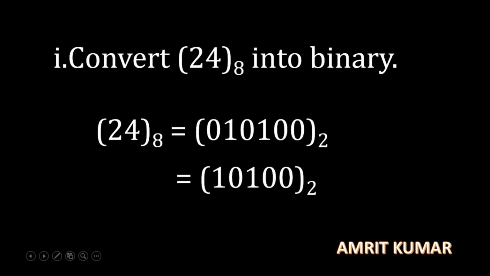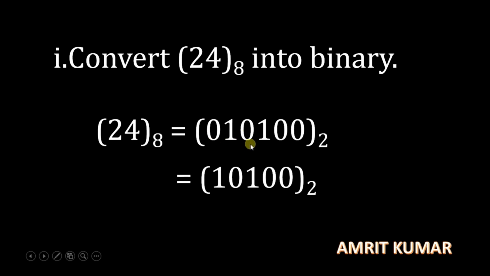So here this is a 4, which is a digit, and this digit is represented by 1, 2, 3 bits. Another digit, 2, is also a digit, therefore it is represented by 3 bits. That is 1, 2, 3.